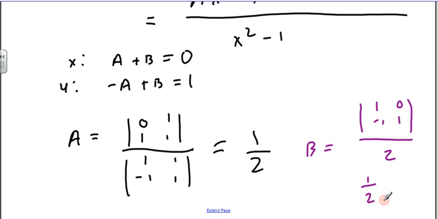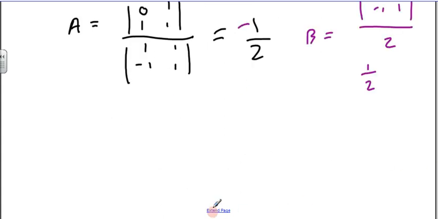So, well, that can't be right. One of these guys has to be negative. What did I do wrong? That's a 2. That's a 0. This is a minus. Okay, that's better. So I have minus a half and plus a half, and I add them together, I get 0. And minus a half minus, that'd be positive half, positive half, 1. So that's what I've got.